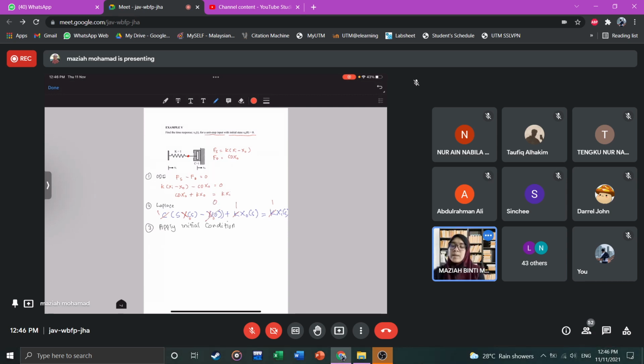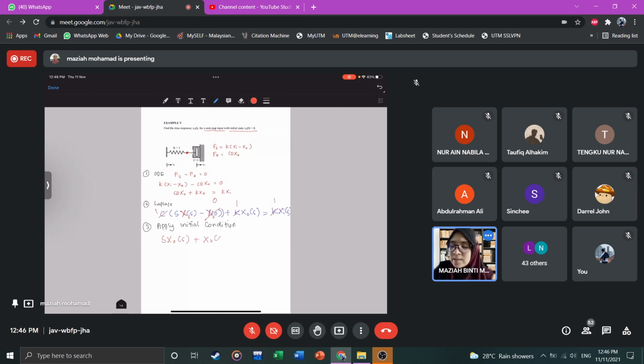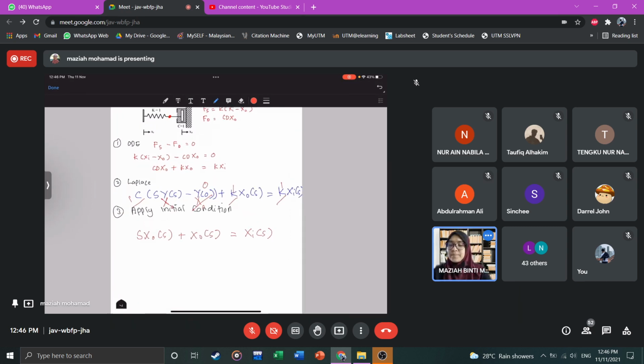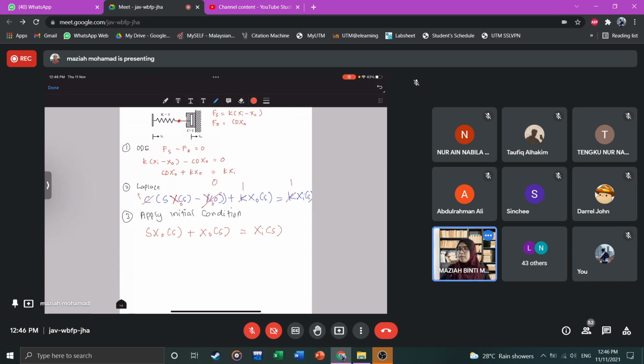So we apply the initial condition, and the equation becomes s X naught(s), multiplied with 1, and this term becomes 0, then plus X naught(s) equal to Xi(s). Before we can apply the step input, we have to write it in terms of the transfer function.